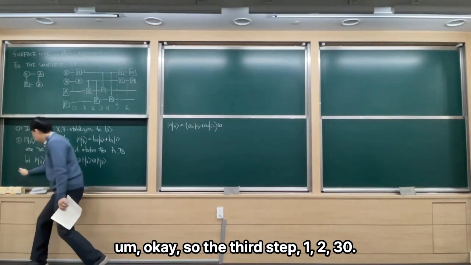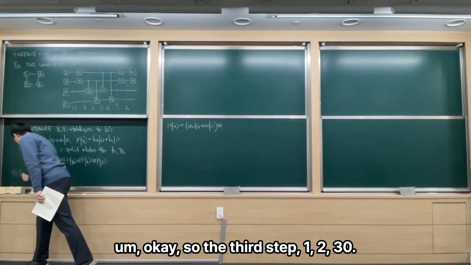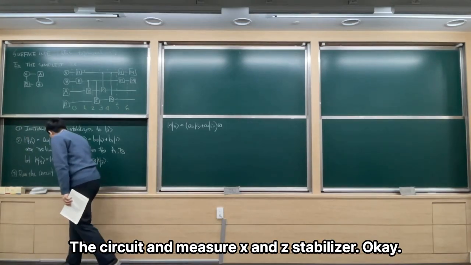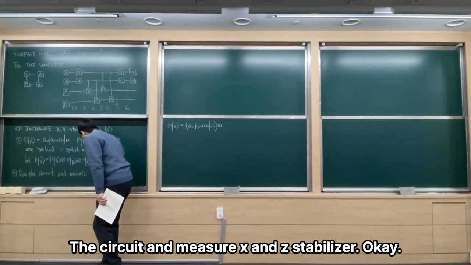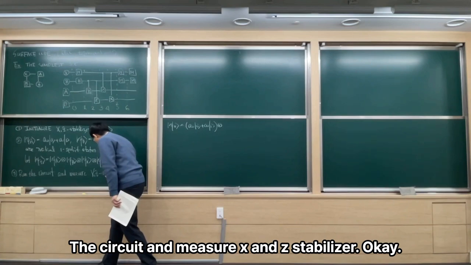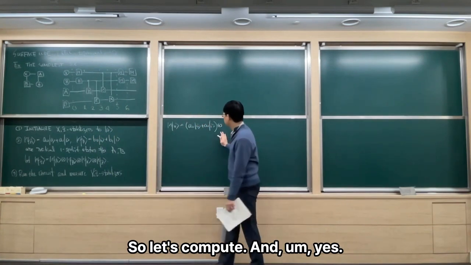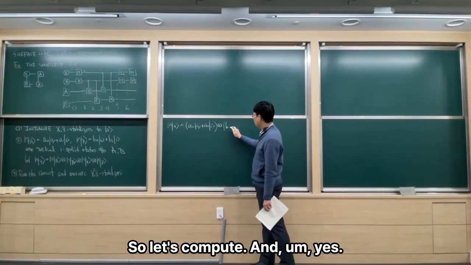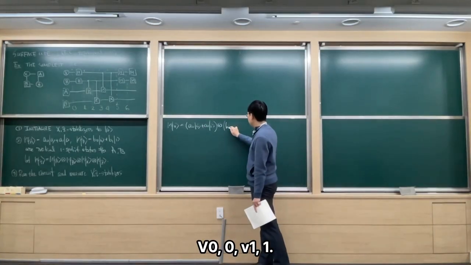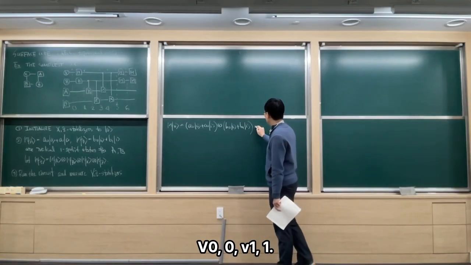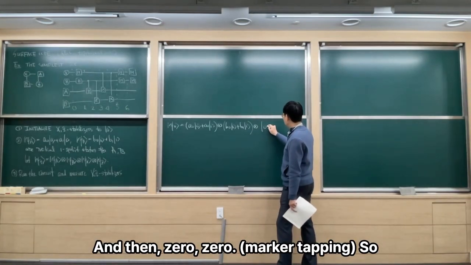Okay, so the third step, run the circuit and measure the X and Z stabilizers. Okay, so let's compute. B0, 0, B1, 1, and then 0, 0.